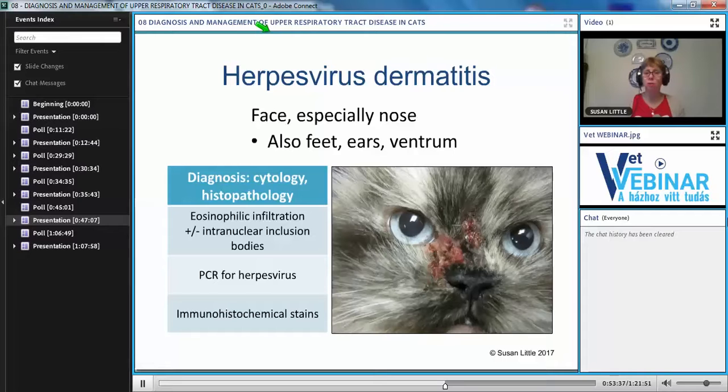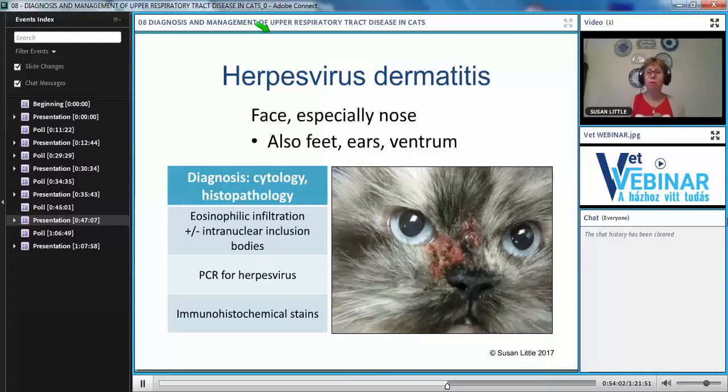If you do cytology of that lesion, you'll see predominantly eosinophils. So that's one of the clues that a cat has herpes virus disease. Those corneal lesions, like the eosinophilic keratitis I just showed you in the previous slide, you'll see eosinophils, and in this skin lesion, you'll see eosinophils. That should make you think herpes virus.